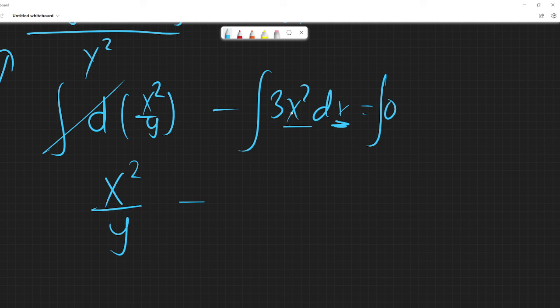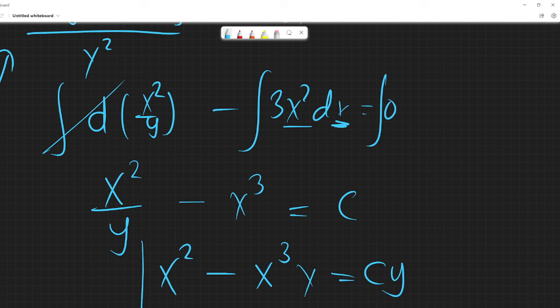And the integral of 3x squared is just x cubed. And the integral of 0 is c. So multiplying by y, we will have now x squared plus x cubed y is equal to cy, and that will be our answer.